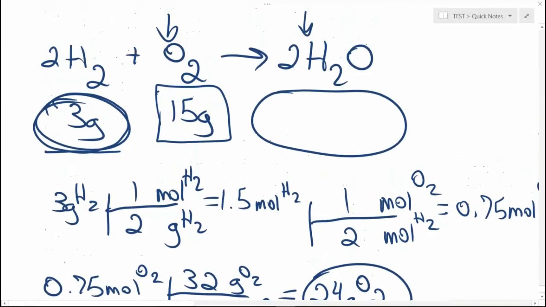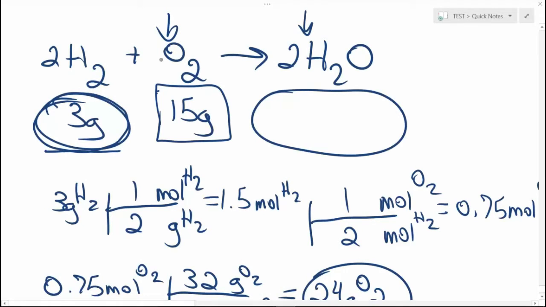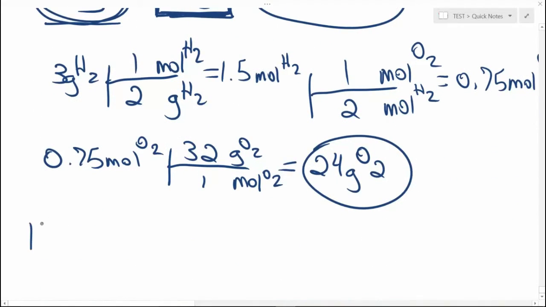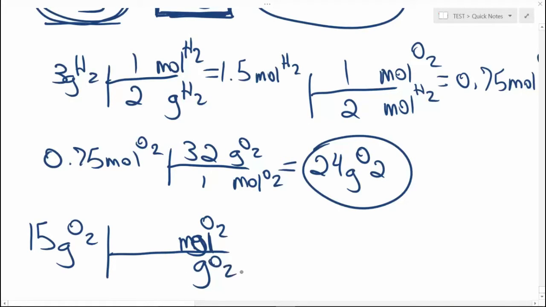So if I want to know the theoretical yield of water that I produced from 3 grams of H2 and 15 grams of oxygen, the first thing I had to do was find out which one is going to run out first, and that was determined to be the oxygen. And then I would use that one, 15 grams of O2, and convert it to the moles of O2 from the grams of O2, so that I can do the stoichiometry of it.